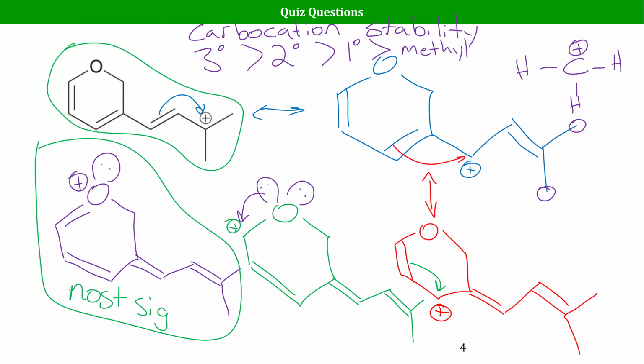The rest of these, red and blue, are going to be very similar in stability. Yeah. They both have a carbocation with an incomplete valence. It's a secondary carbocation in both cases.